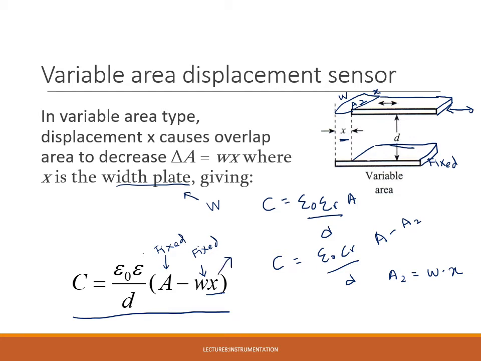X is our displacement when it moves to the side. So again, this is another way to design a displacement sensor, but instead of moving the plate up and down, now we move the plate to the side.